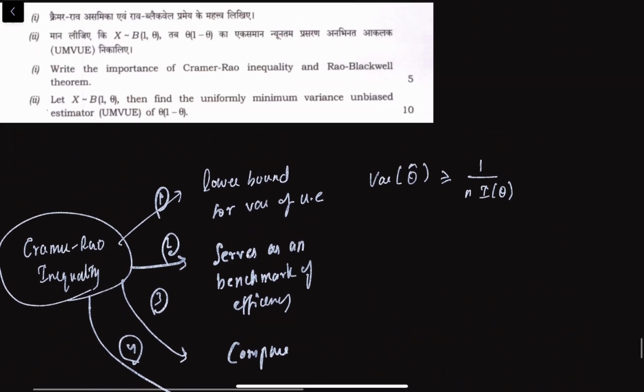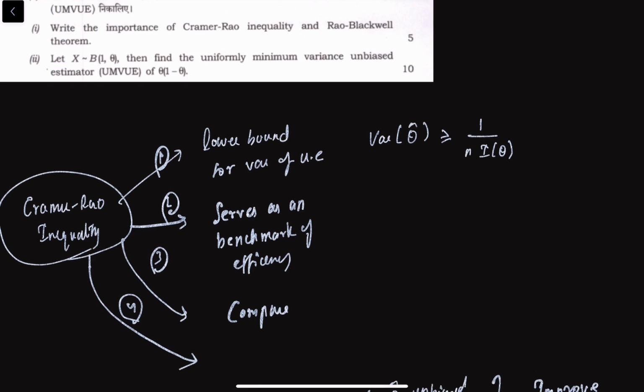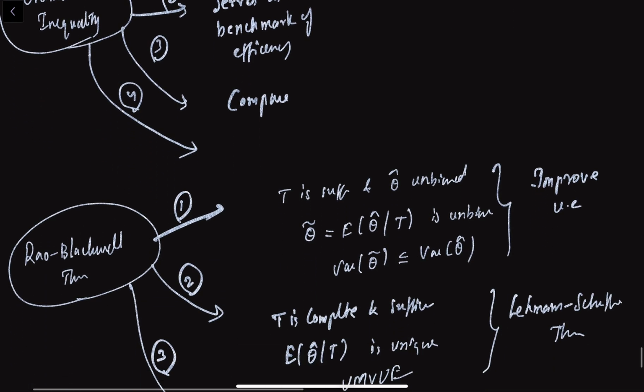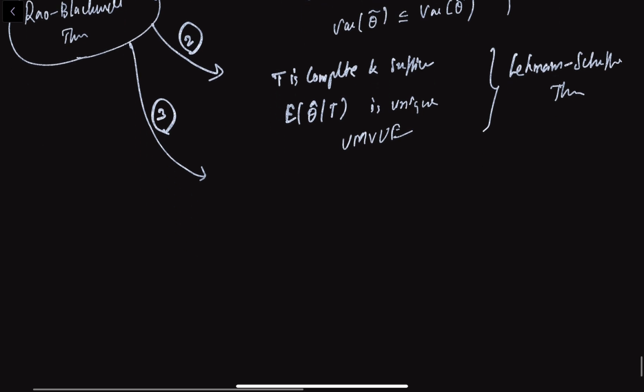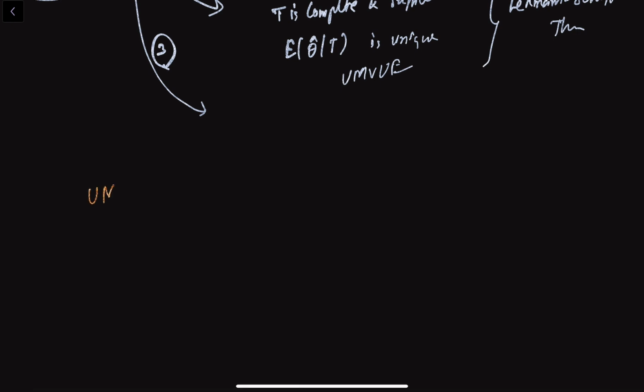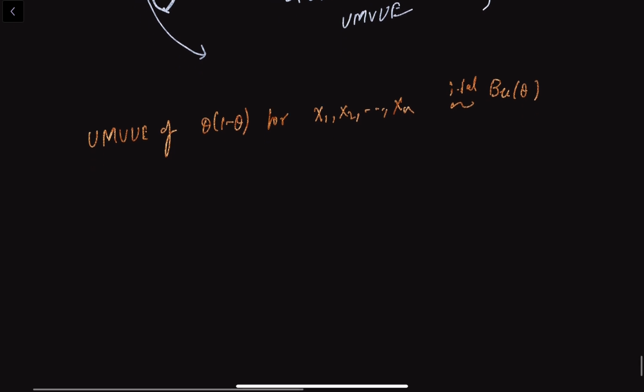Now for the second part, we need to find the UMVUE for Binomial(1, theta), which is basically Bernoulli. So we need to find the UMVUE of theta into 1 minus theta for X1, X2, and so on to Xn following IID Bernoulli theta. Xi can take only 0 or 1, and the probability that Xi equals 1 is theta.